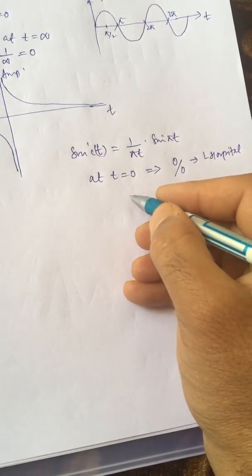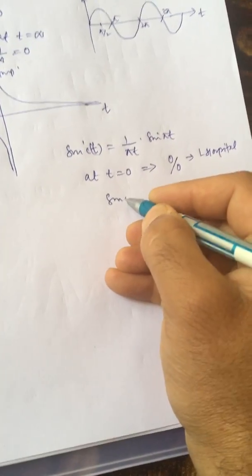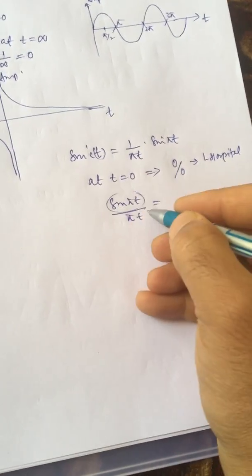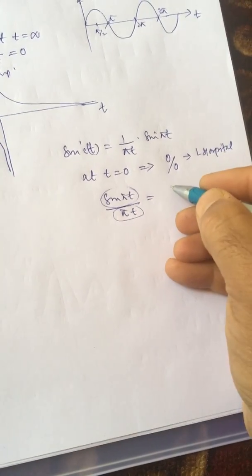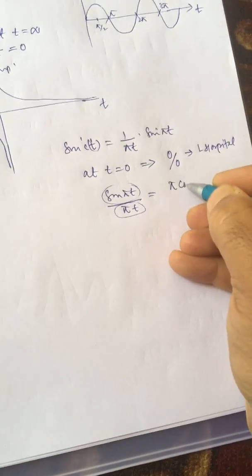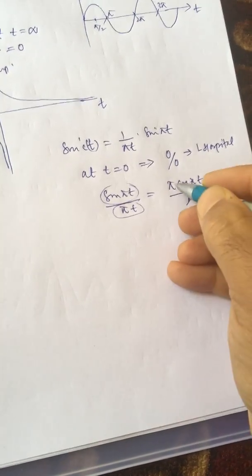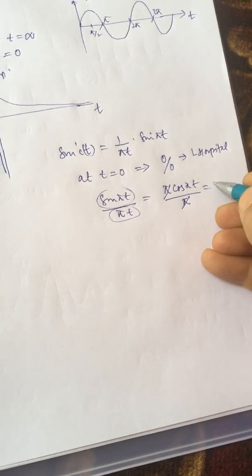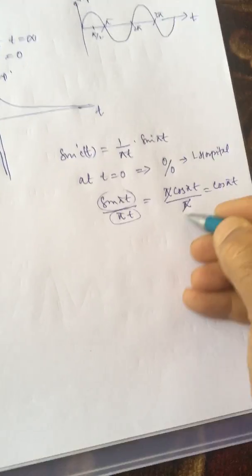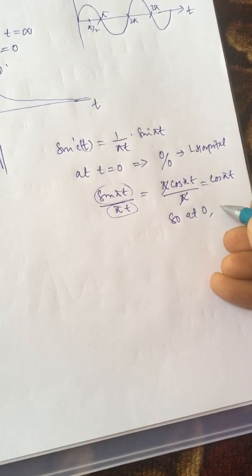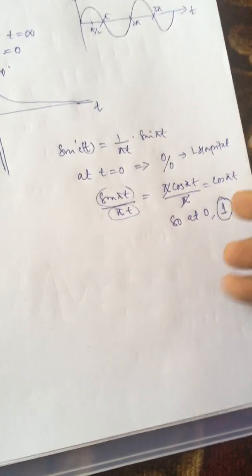Sine of pi t by pi t would be equal to, we'll differentiate this and we'll differentiate this also. So this will be pi cos of pi t divided by pi. So pi and pi will go, and we'll get cos of pi t. So at 0 we'll have a value of cos of 0, and that will be 1.